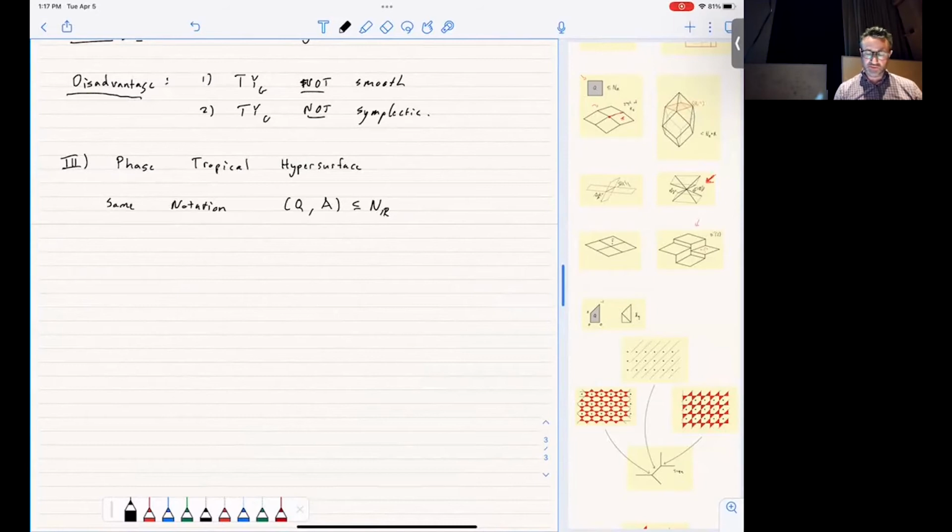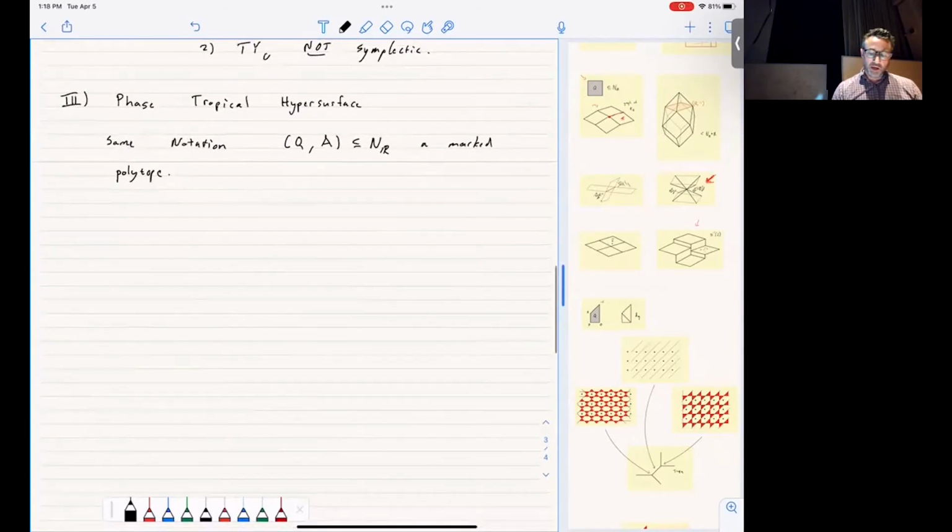It must contain the vertices of Q, but we'll say this is a marked polytope. Of course, I also want this to be a latticed polytope, so I'll assume that A is contained in N.